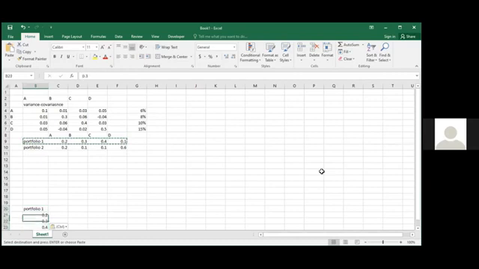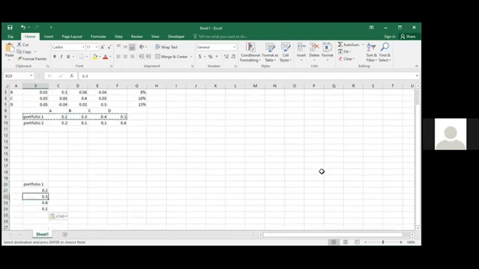Think of converting these row values of portfolio 1, 20%, 30%, 40%, 10%, into column values.